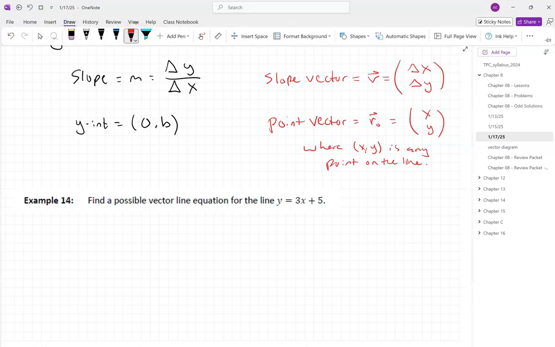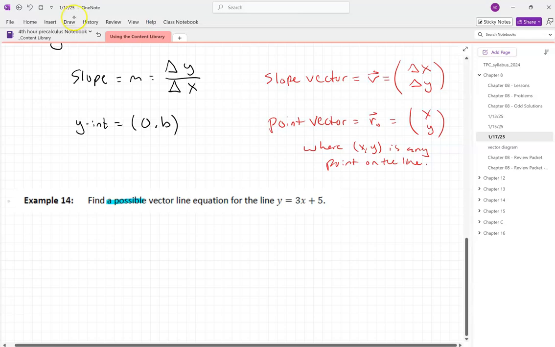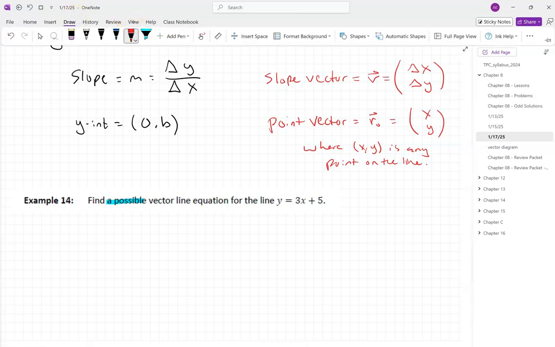So it says find a possible vector line equation for the line y equals 3x plus 5. Remember, this is just saying a possible because there's infinitely many possible answers here, right? So you just need to find one of them.